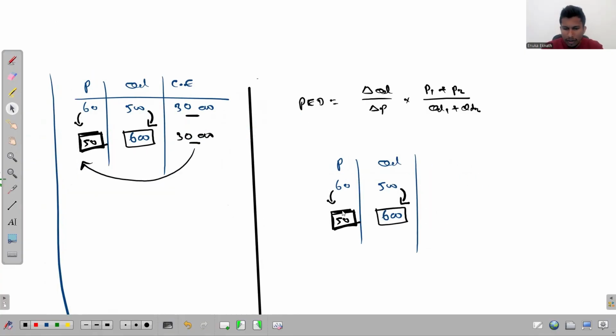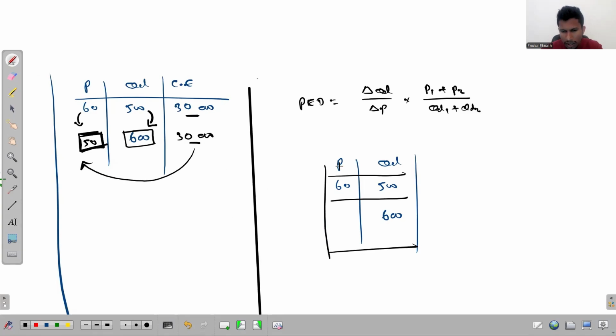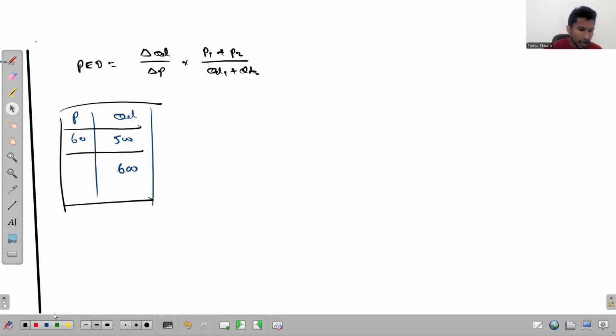But we don't need these values now, we only need the original set of values given to us in the question. We have more than enough information here. So let's consider the new price to be x, and our objective is to find this x using this PED equation.